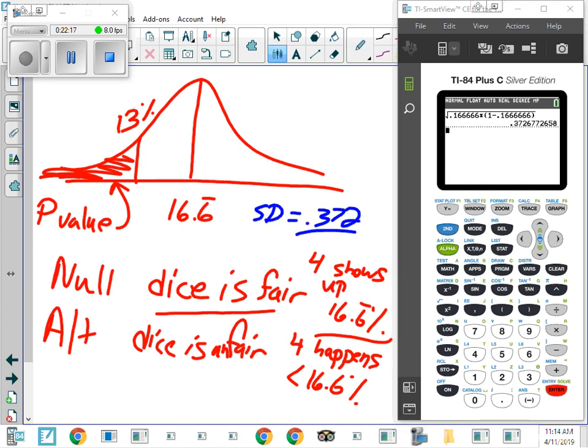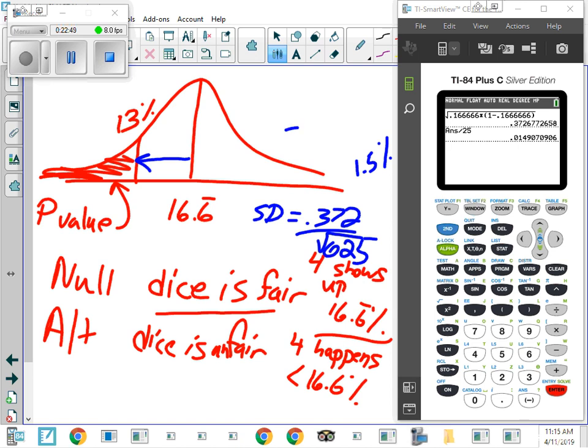I'm going to divide that by the square root of 625. The square root of 625 is just 25, so divide by 25. Now I need to change that to a percentage, 1.5%. Well, how far is it from 16.6 to 13? Negative 3.6 repeating.